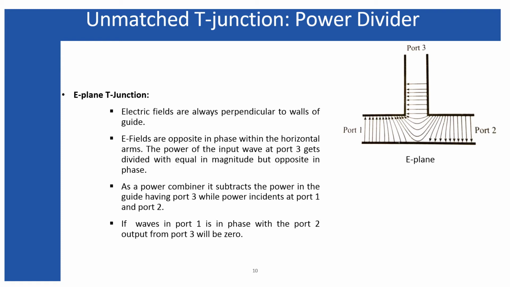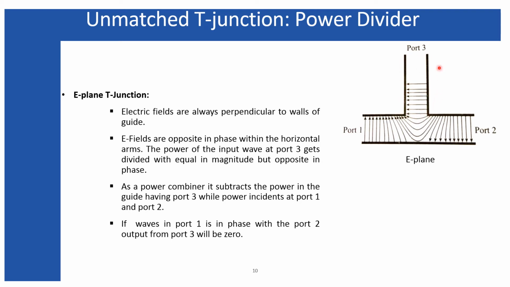So before going to discuss that, let's understand a few properties of the E-plane T junctions and the H-plane T junctions. The first one is the E-plane T junction. This is a three-port network, and in general this port is considered as the main port or the input port. In case of E-plane T junctions, you can see that electric fields in general appear perpendicular to the walls of the waveguide.